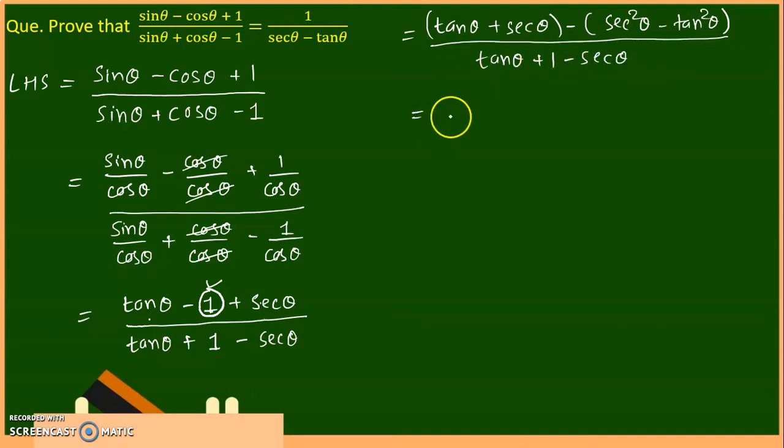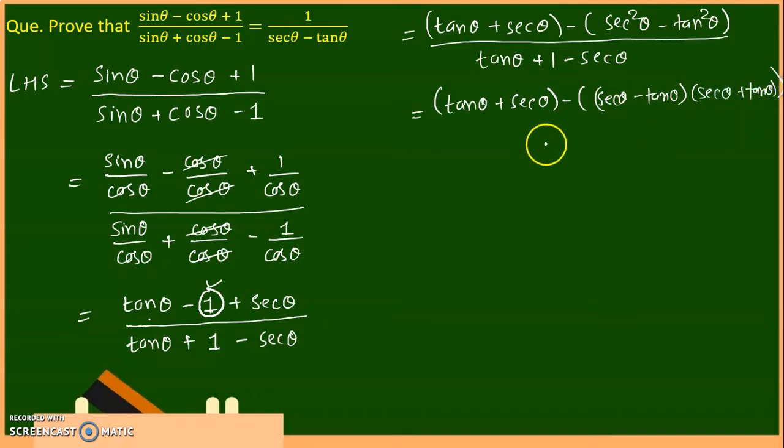So here this is tan theta plus sec theta minus this sec square theta minus tan square theta, which can be written as (sec theta minus tan theta) into (sec theta plus tan theta), divided by tan theta plus 1 minus sec theta.